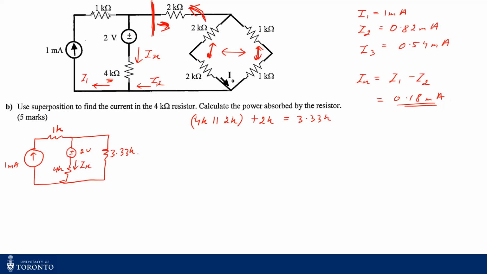If there is a dependent source, do not consider another circuit for it, because a dependent source cannot supply power on itself. Now, I can consider the contribution of my current source only. For that, I will turn off my voltage source. That means my voltage source basically becomes a short circuit, right?